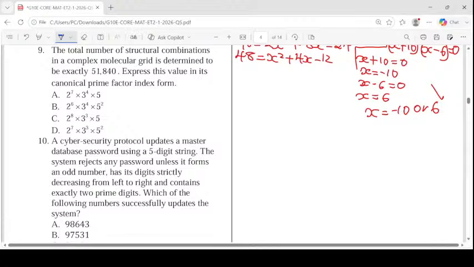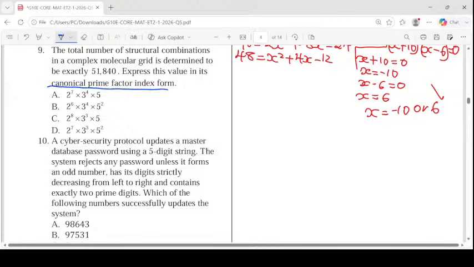One very important thing you have to understand is when we talk about prime factorization, you know what it is. A prime number, you know what it is. But now, the canonical prime factor index form is where the trick comes in.